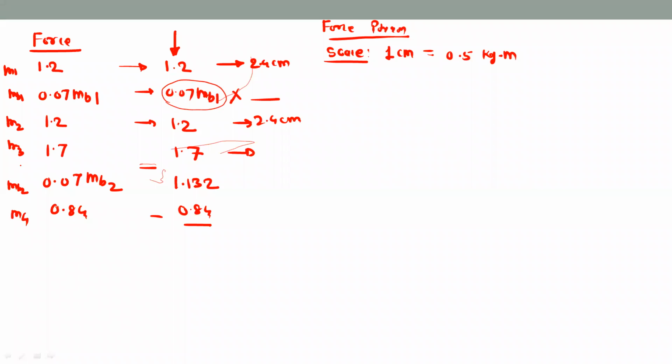Then 1.7, that is for mass M3, so this is 3.4 centimeter. Then this is 1.132, so it is 2.264 centimeter, and 0.84, so it is 1.68 centimeter.